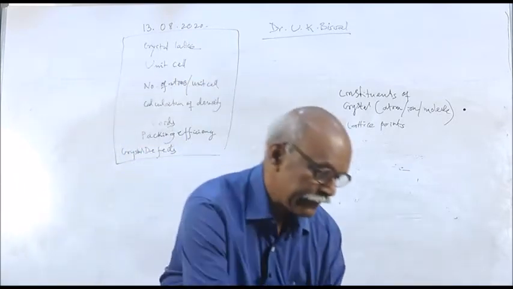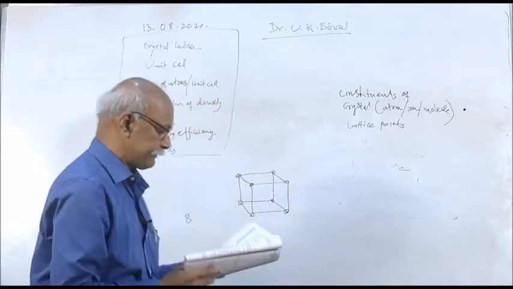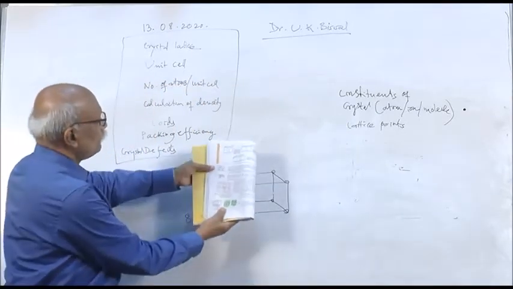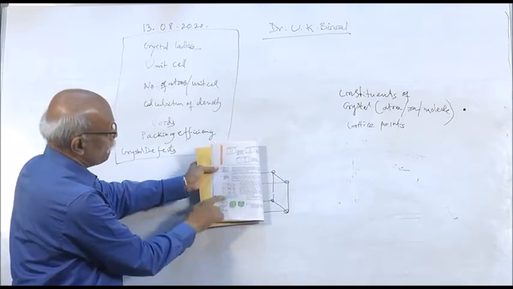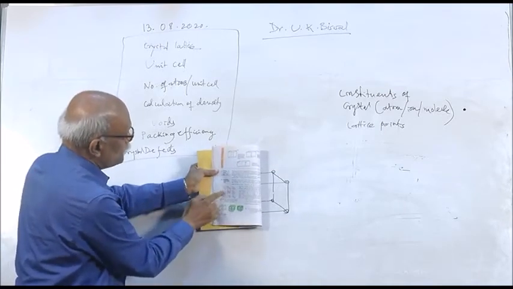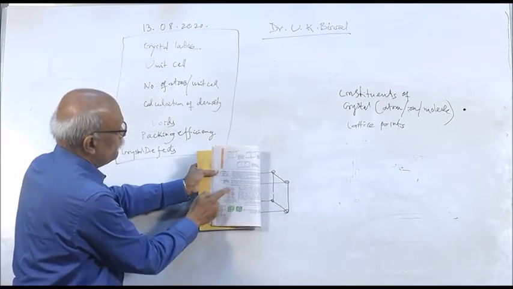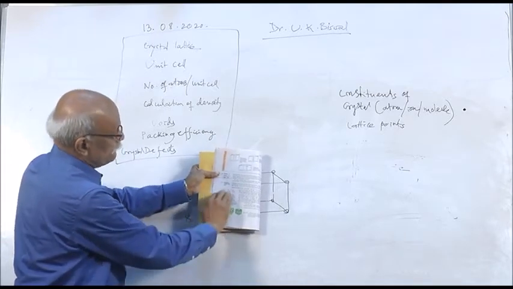Let me show you in the diagram how they are shared by 8 cubes. You see, this is a cube. This is a cube of 8 cubes. Another on the opposite side. 1, 2, 3, 4, 5, 6, 7, 8. There are 8 cubes.